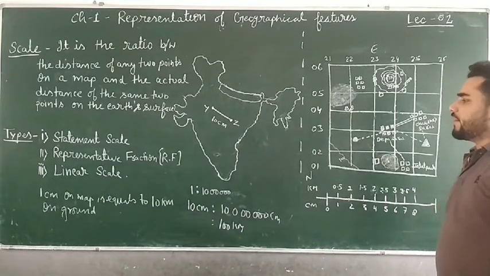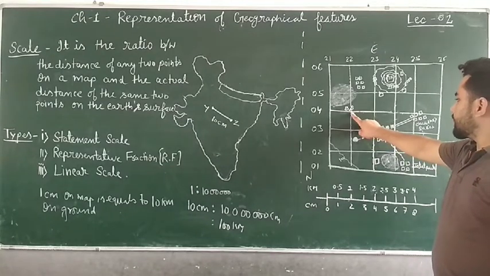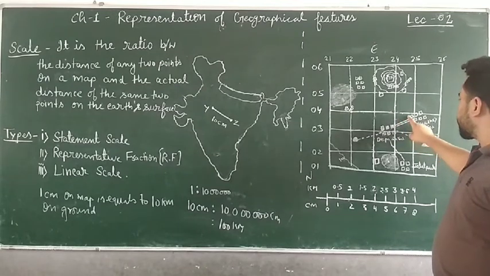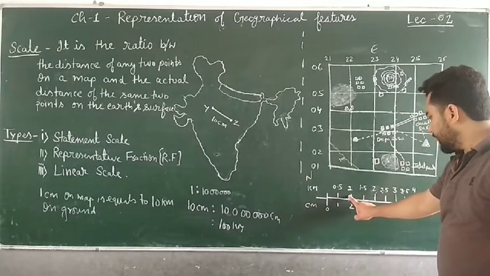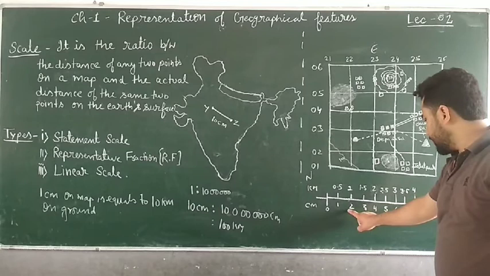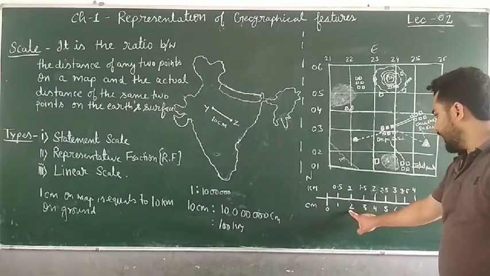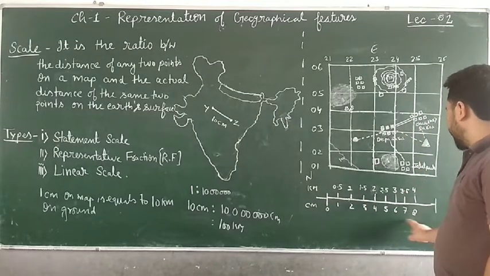Like this we find the scales. Again I am telling you, suppose this is the bus stand and this is Chaudhary Sarai. When we measure the distance between these two, what will we get? This line is pointing towards 2 on the downside. This is 0, this is 1, this is 2, right? And on the other end we have 8.